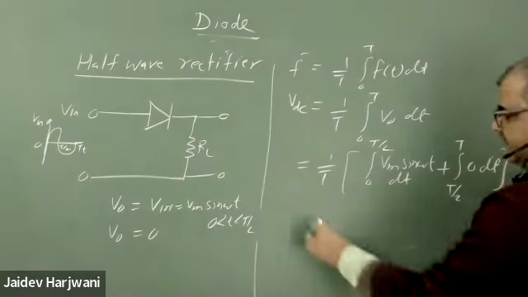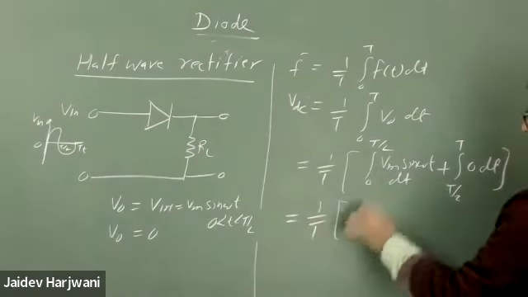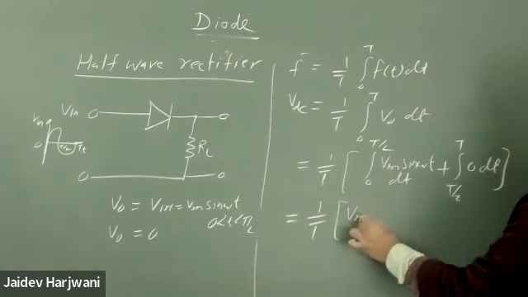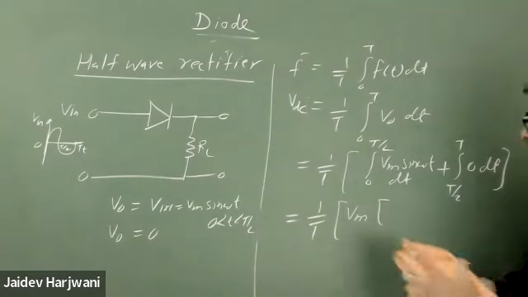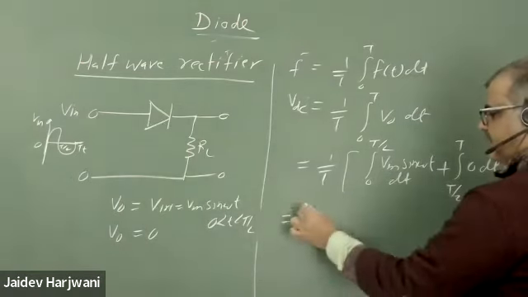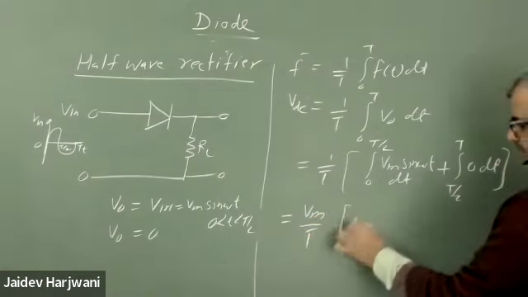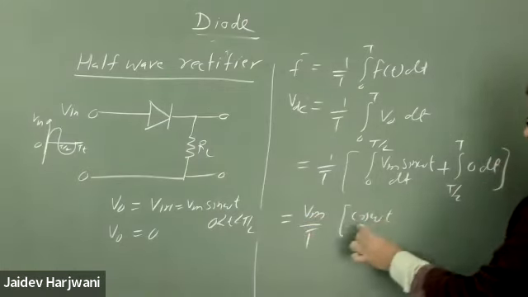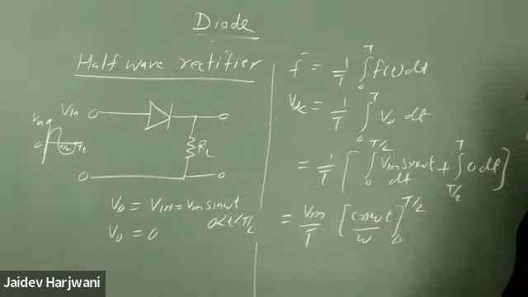Now if I want VDC, this will be 1 by T, and Vm will come out. If I integrate sin omega t, this will come out as Vm upon T, minus cos omega t upon omega, from 0 to T by 2.